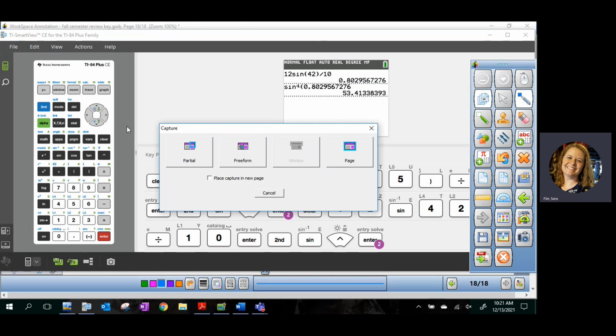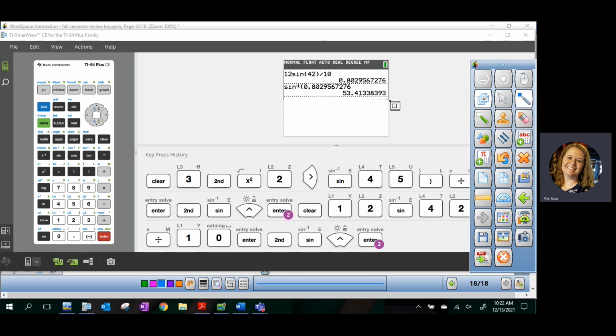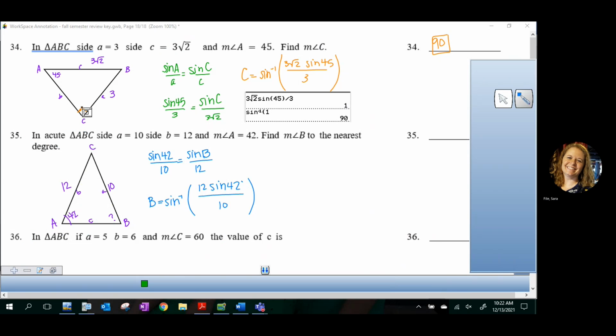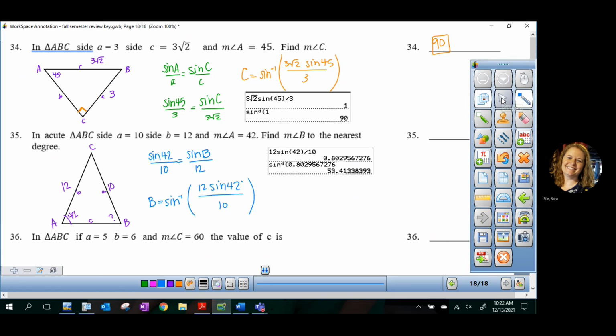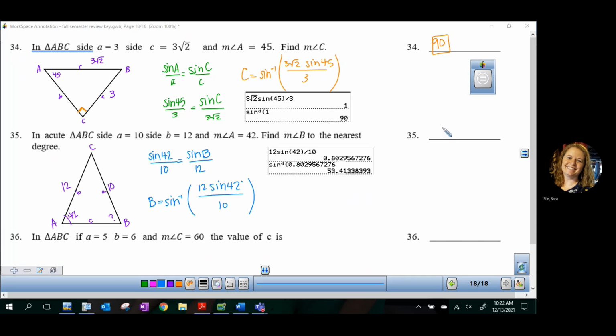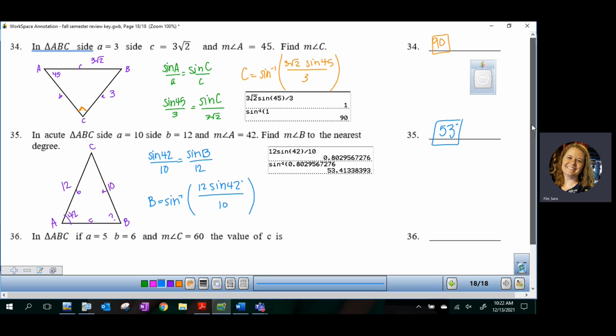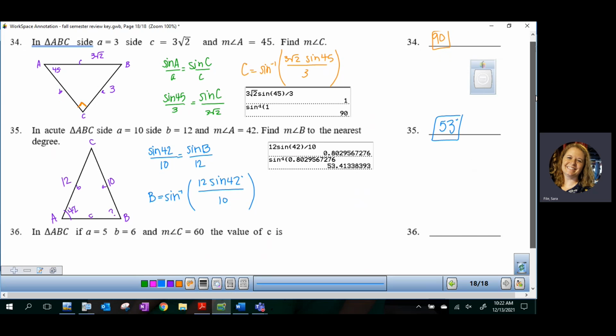Okay, and it said to round, I believe, to the nearest degree, because we're measuring in degrees, so that means the nearest whole number. So 53 degrees. So the two that we did, law of sines.